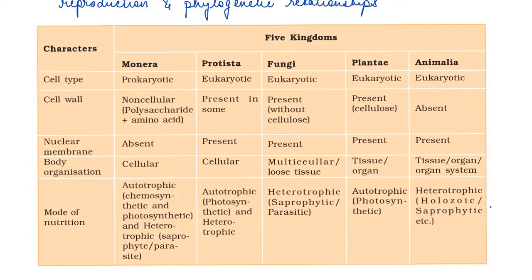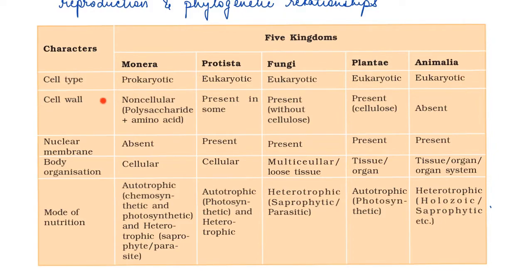Okay, so they can be unicellular or multicellular, prokaryotic or eukaryotic. As you can see, only the kingdom Monera is prokaryotic. Rest all the other kingdoms are eukaryotic. So all the organisms of the later 4 kingdoms are eukaryotic.